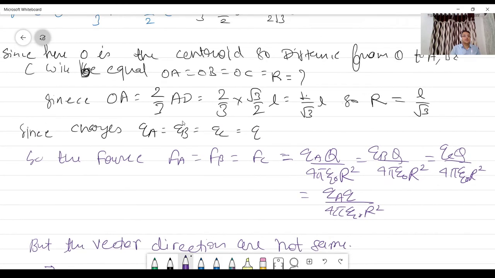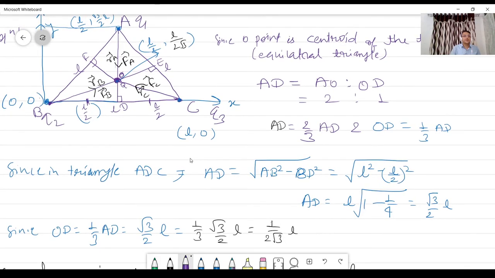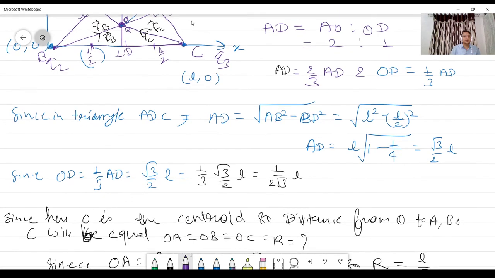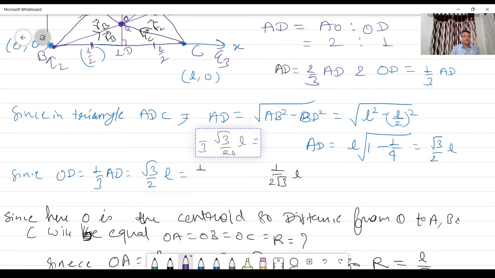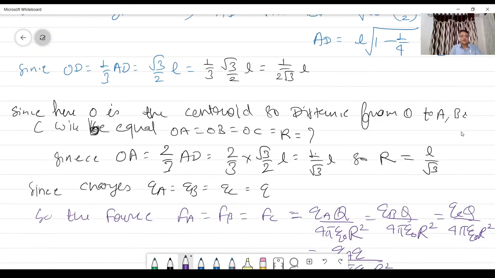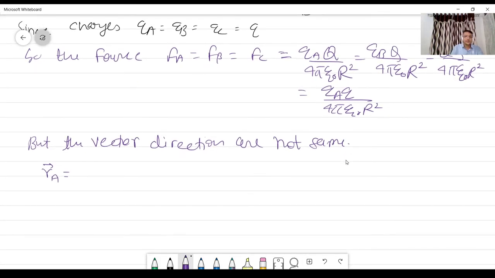I'll be using the endpoint minus starting point concept. So if I want to find the RA vector, the endpoint is L by 2, 1 by 2 root 3, and the B point also. So I should write these points again, so that I can clearly find out RA, RB and RC.